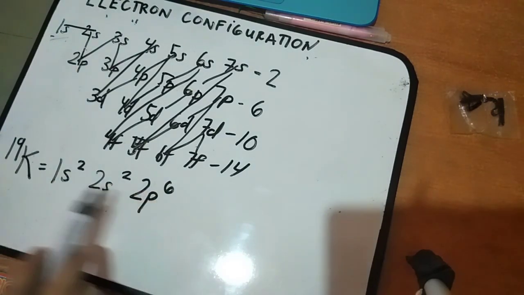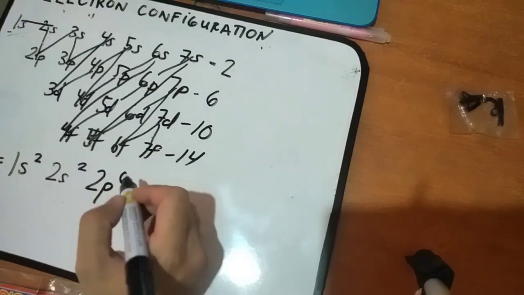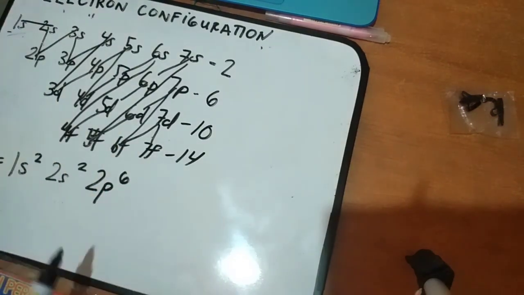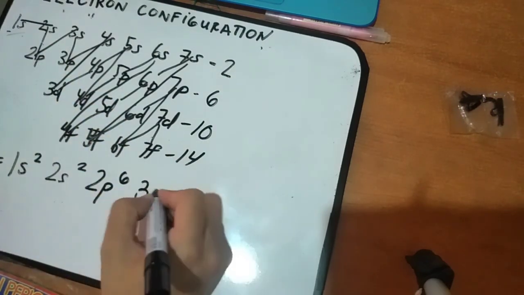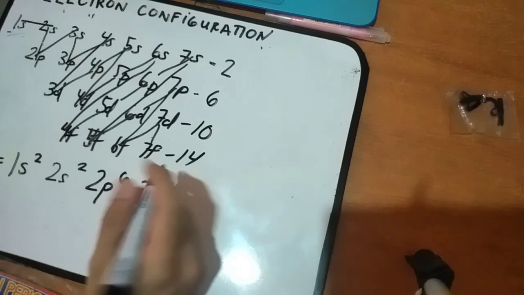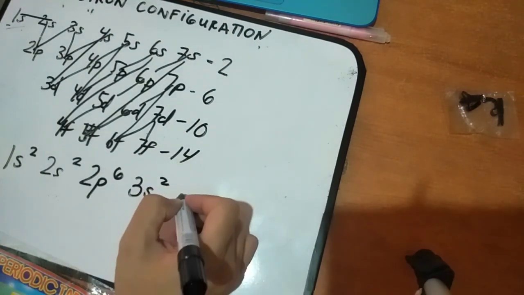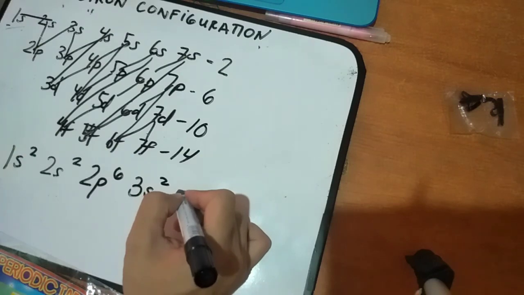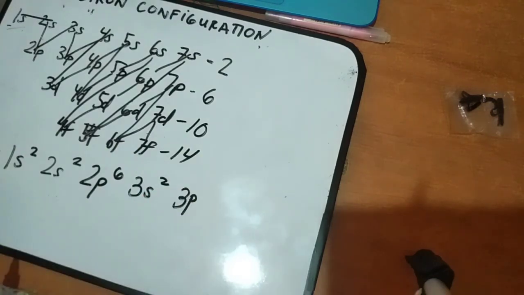So I already have 10, so we need to reach 19. So what's next? 3s, 3s2, then 3p, ganyan.